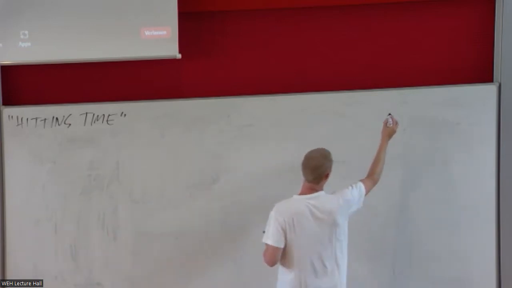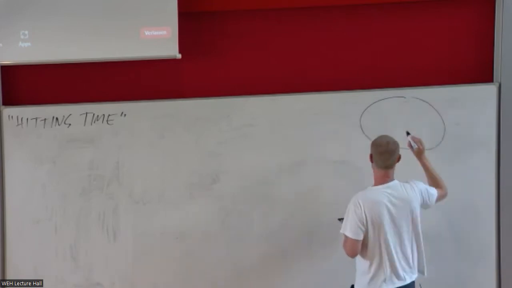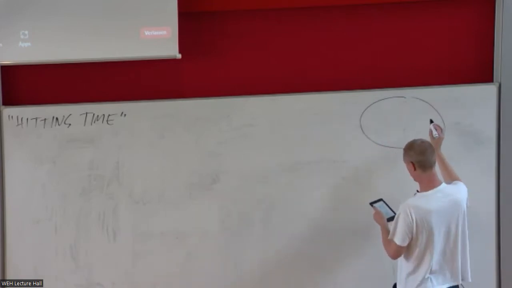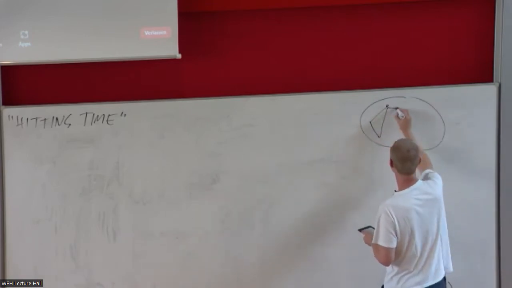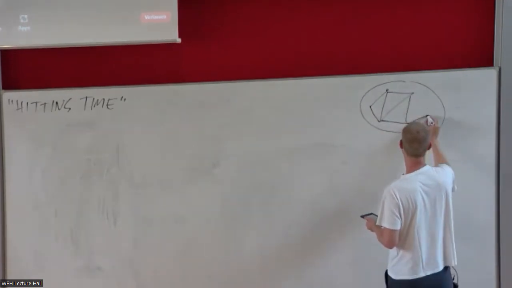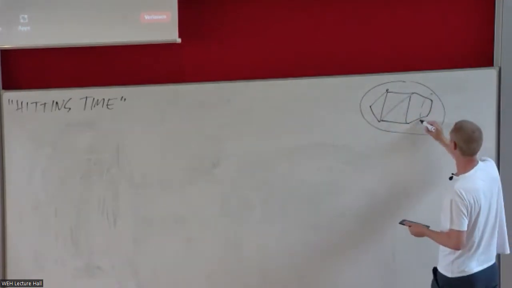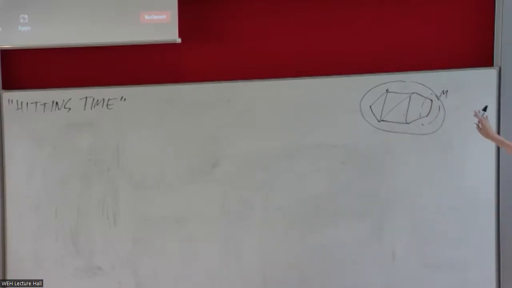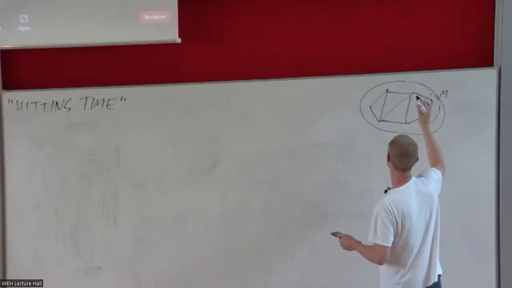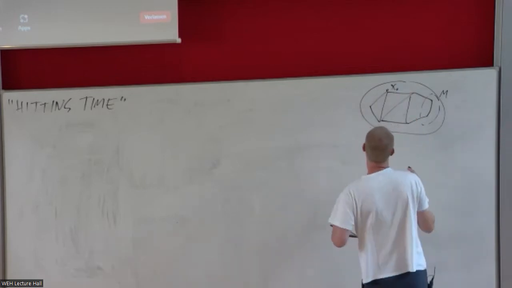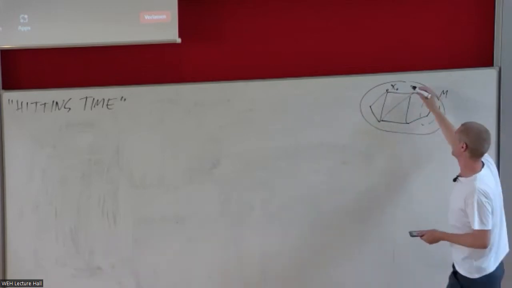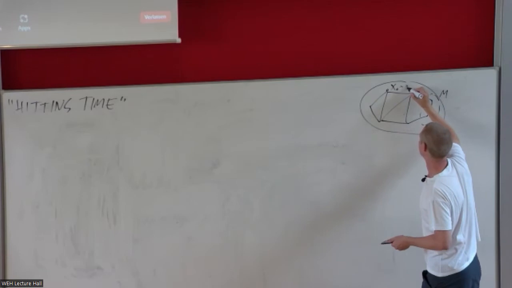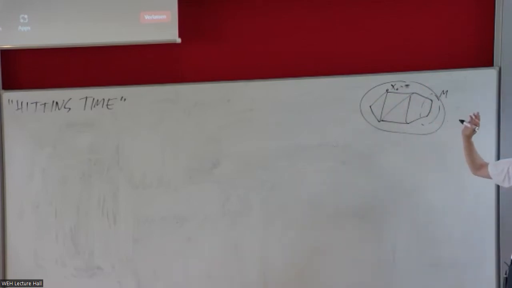So let me just draw it. Again, we have this blob, and then we have a bunch of vertices. Let's call this the set M, the sink or the set of marked vertices. We start a random walk here, and x0 could even be distributed according to the stationary distribution.